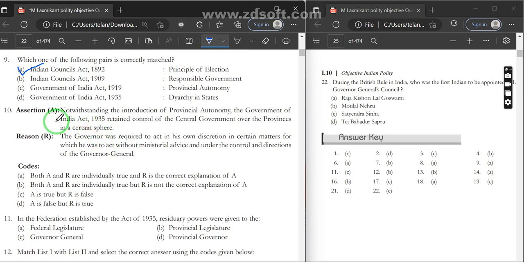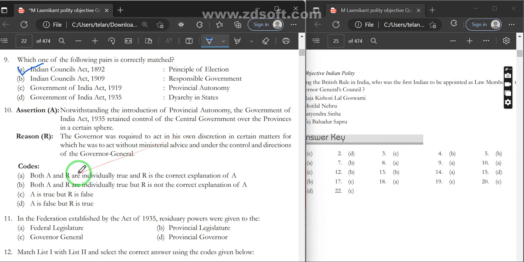And what is the 10th one? Notwithstanding the introduction of provincial autonomy, the Government of India Act 1935 retained control of the central government over the provinces in a certain sphere. Of course, it maintains that. And the answer is first one is correct. What about the reason?